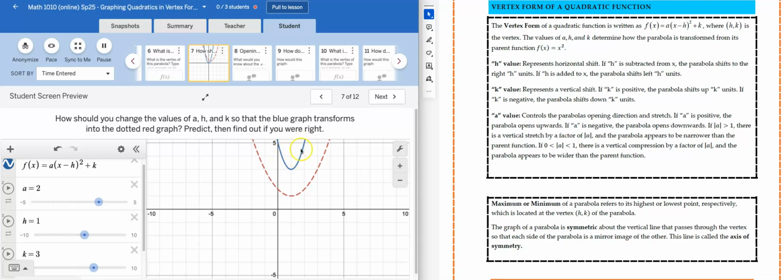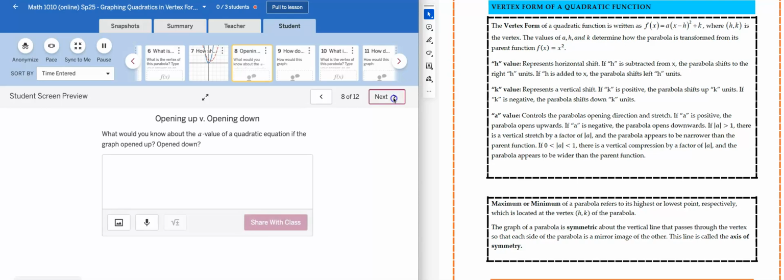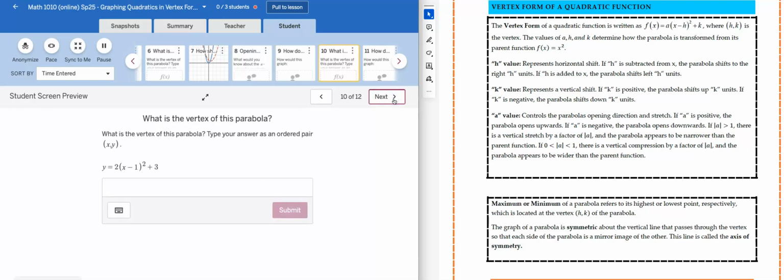It's making it skinnier. It shifted it. So if it started here at 0, 0, it would shift it over 1 place and up 3 places. So we can look at this and get a visual idea of what these are looking like.